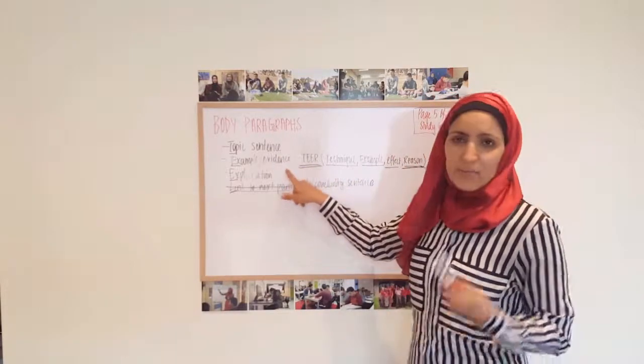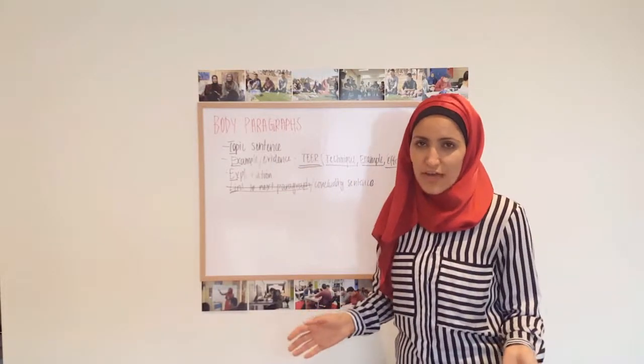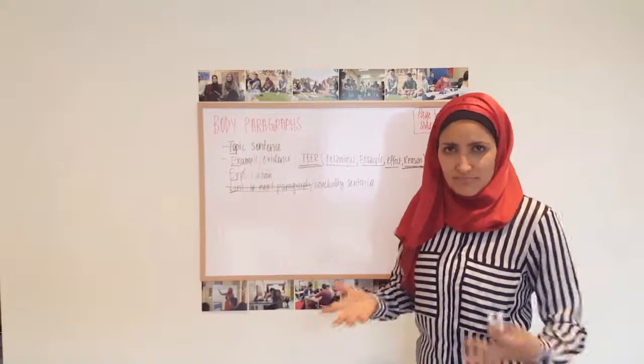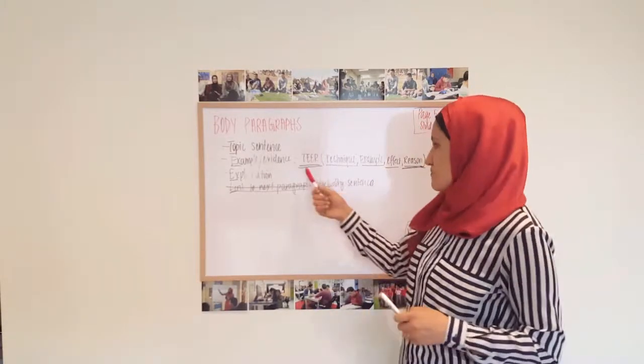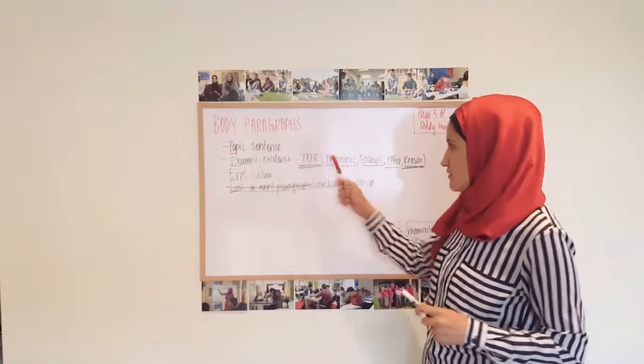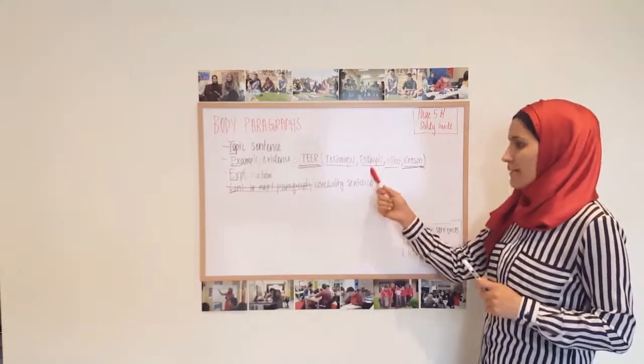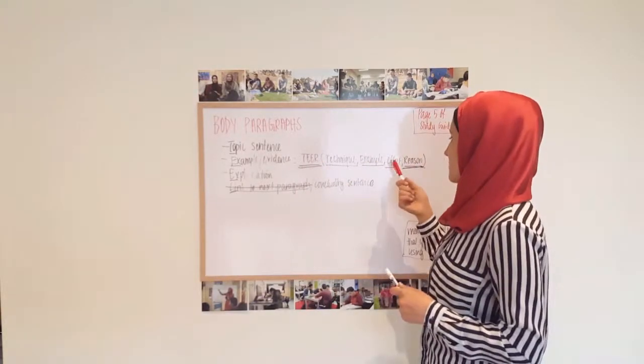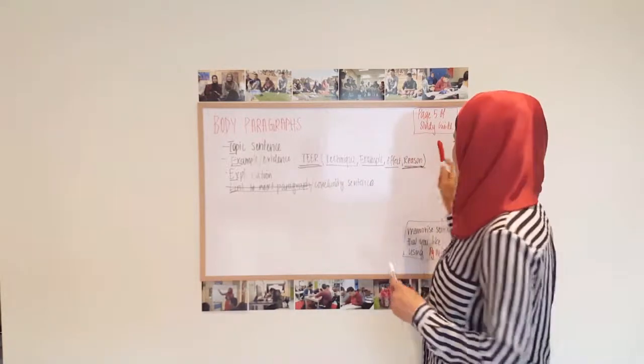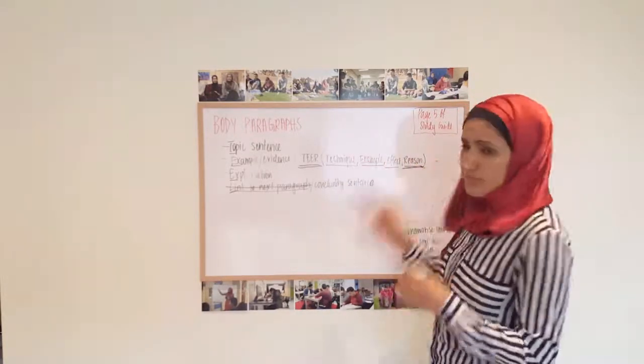And then you include example evidence from all the pieces that you're comparing. And for each example, you talk about the technique, an example of that technique, the effect of that example, the effect of that technique, and the reason why they use it.